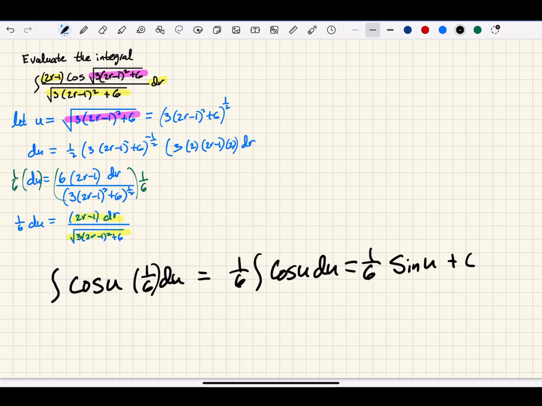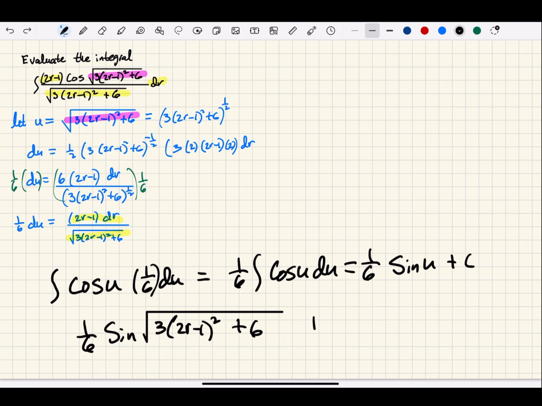So we would have 1/6 times the sine of the square root of 3(2r - 1)^2 + 6, plus C.